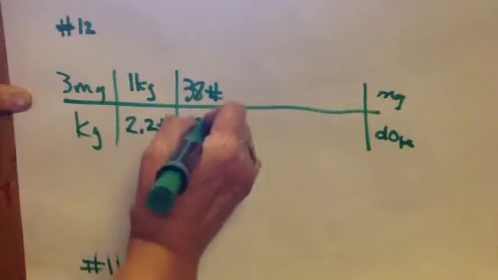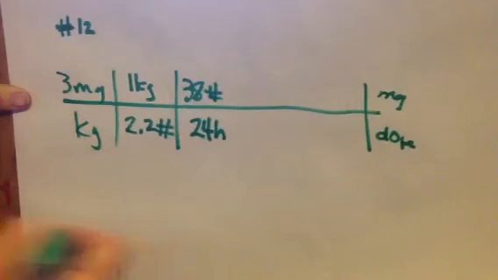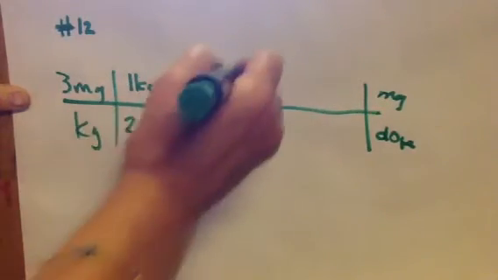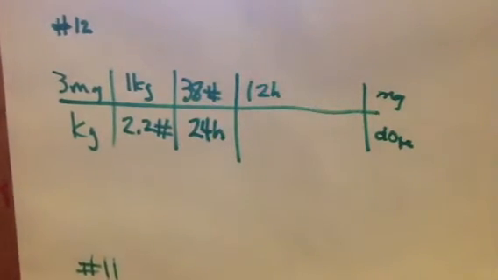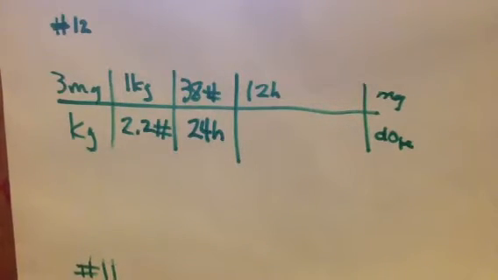That's given usually in 24 hours is what our order reads, but we're going to give it every 12 hours. So we have 2 doses. You could also just have it divided by 2 on the bottom, to put 2 doses. But this way we know that we're going to give it every 12 hours, and that equals 2 doses.